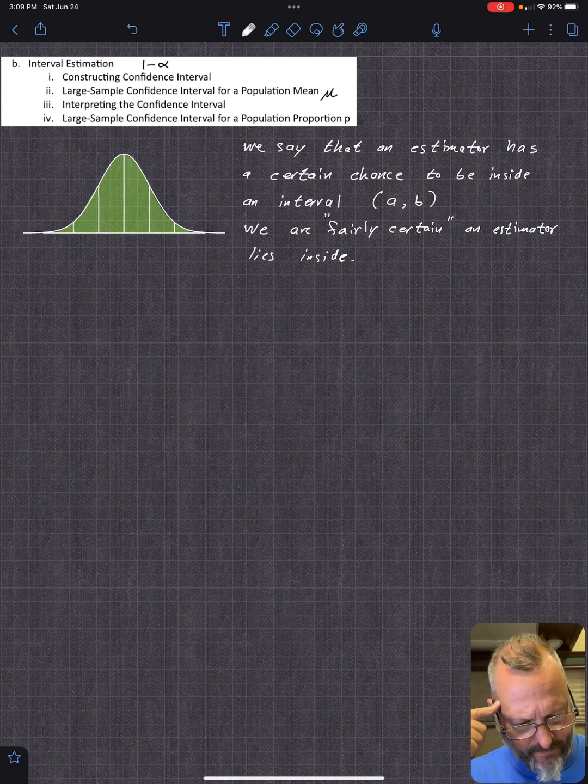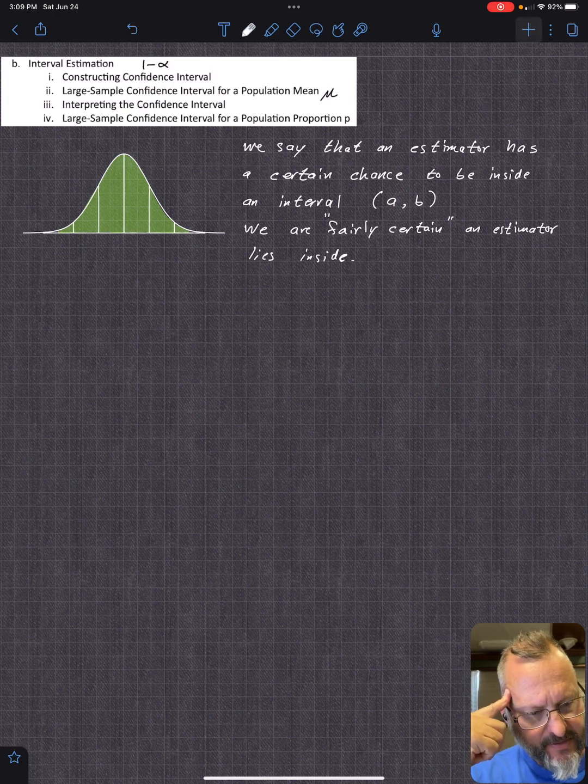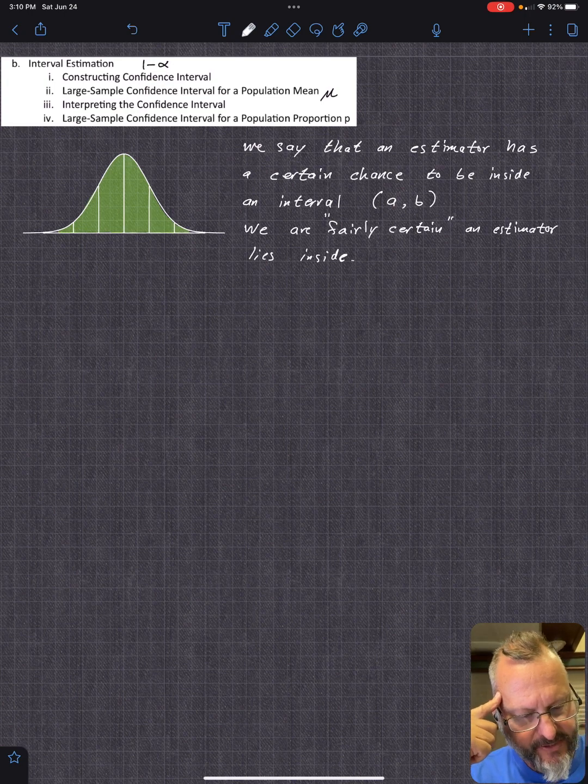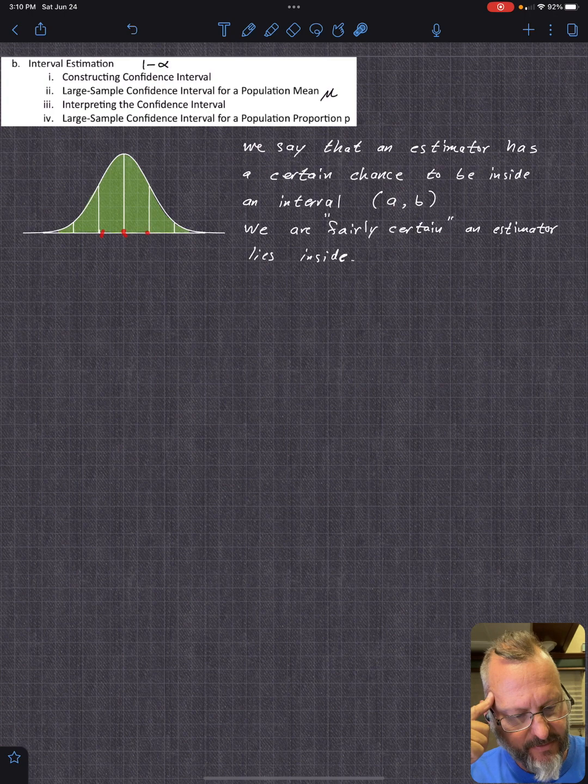All right, so draw the bell curve. I'm basically copying the built-in thing just to make it look nice. These represent the standard deviations, but we don't need those right now. I just wanted to show you the bell curve.